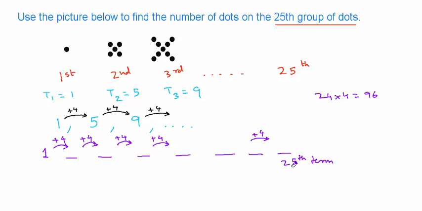Therefore, the 25th term is 1 plus 4 times 24, that's 96. So this is 1 plus 96, which is 97. So there are 97 dots in the 25th group of dots. Would you like to try and draw that picture?